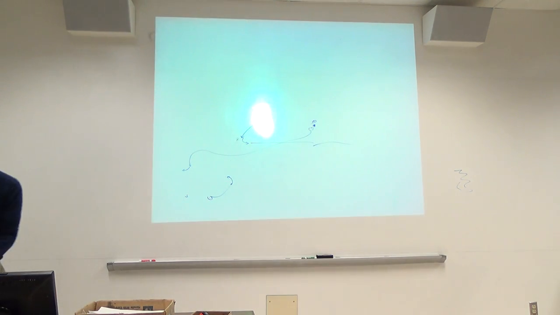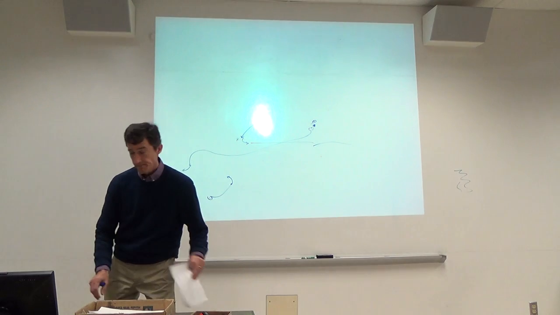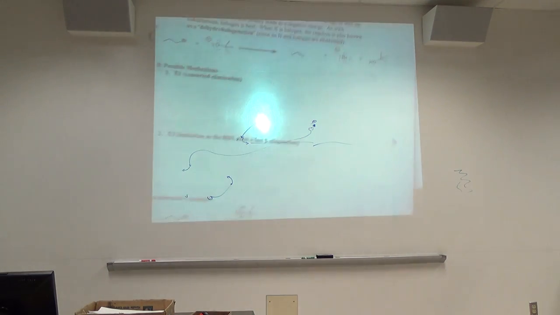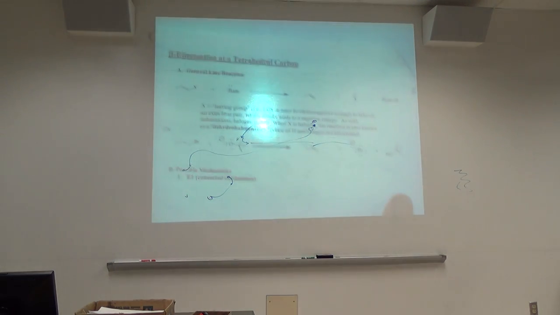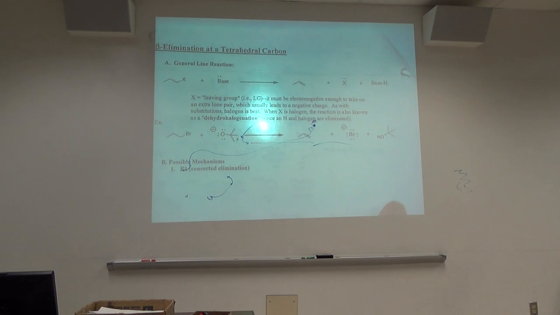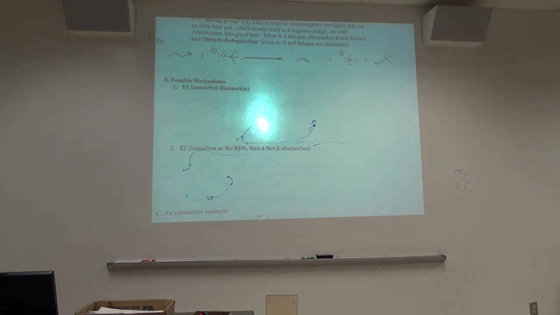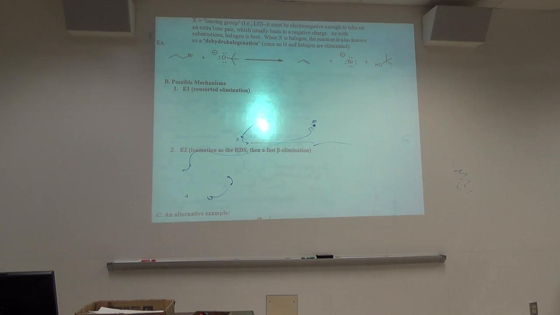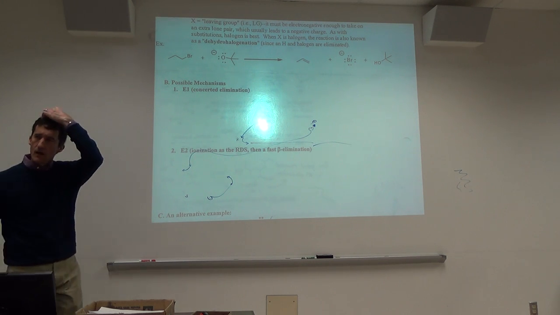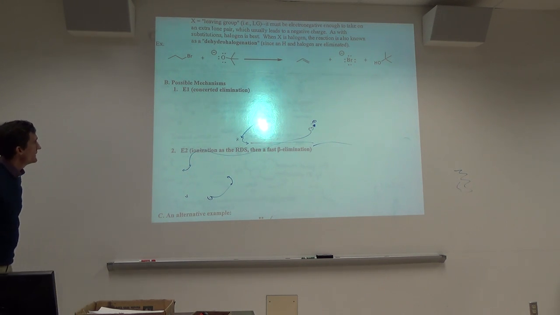Let's look at the elimination sheet. We did 2 possible mechanisms for elimination. Did we finish those up? Yeah. The E1, what was the first step of the E1?